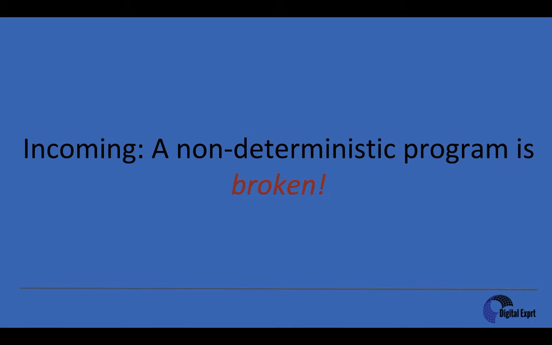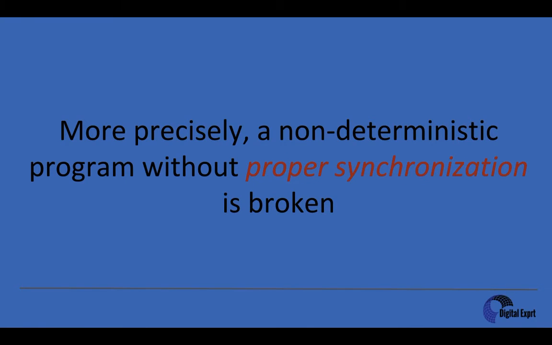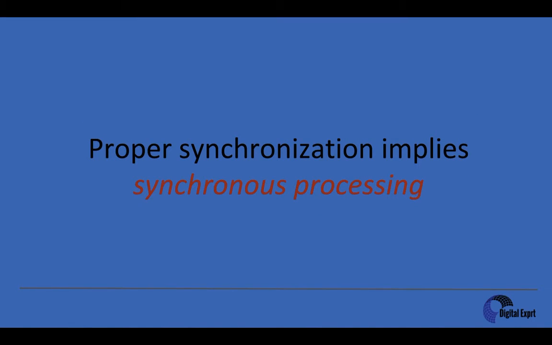So, to be more precise, a non-deterministic program without proper synchronization is broken. So what is proper synchronization? Basically, proper synchronization is just another word for synchronous processing, which is sequential blocking.